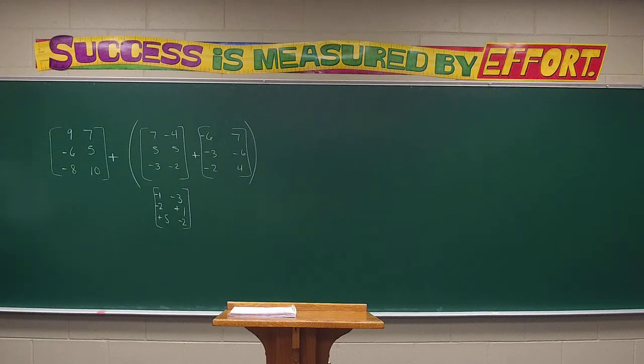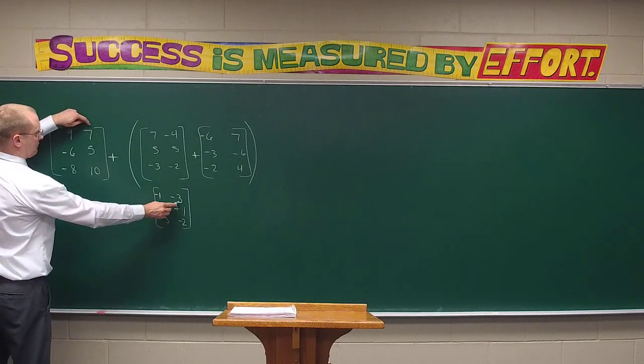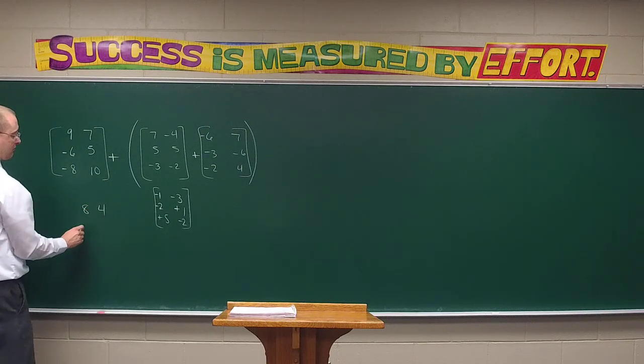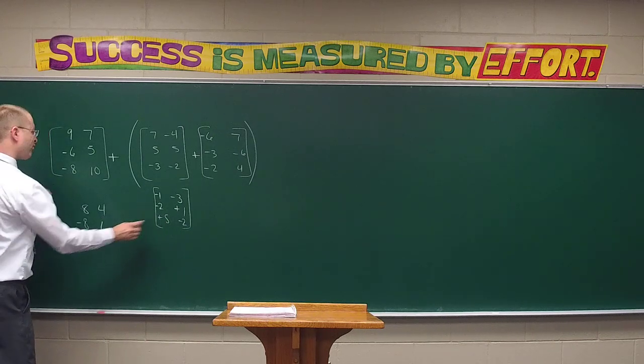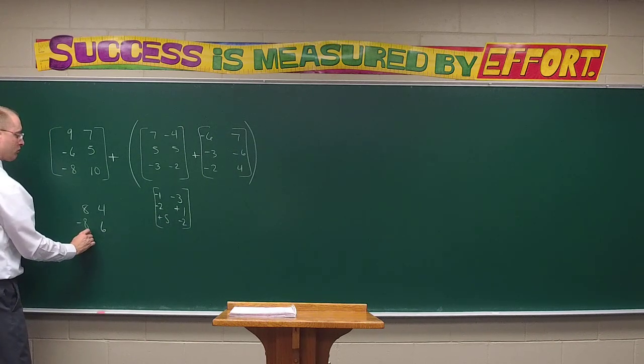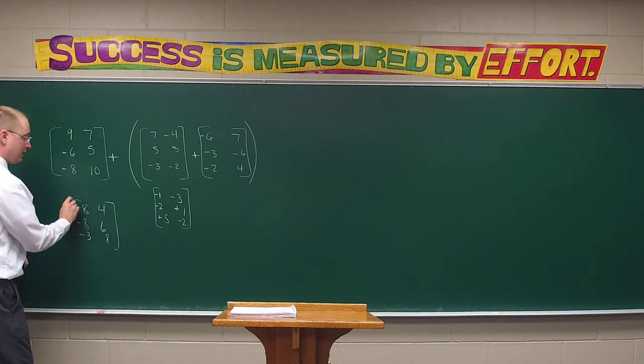And then we're going to add again. Genesis? 8, 4, -8, 6, -2, -3, 8. And there we go. And that's the answer, I believe, that Maddie just gave us.